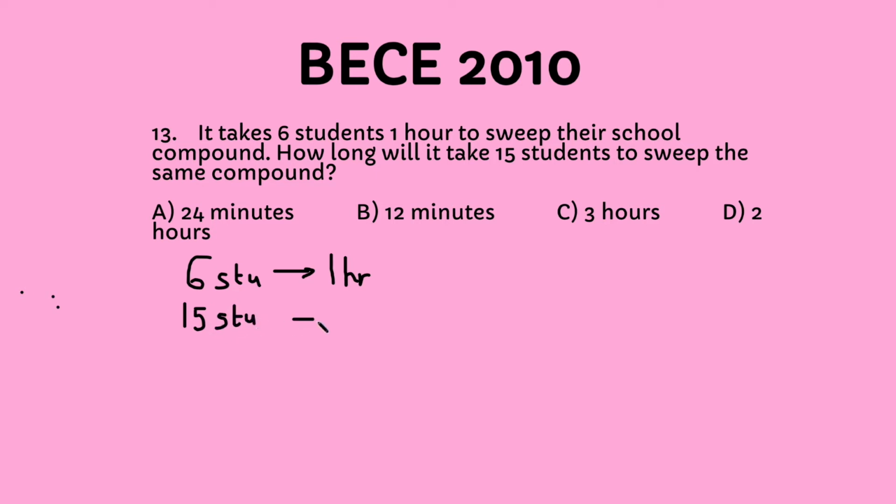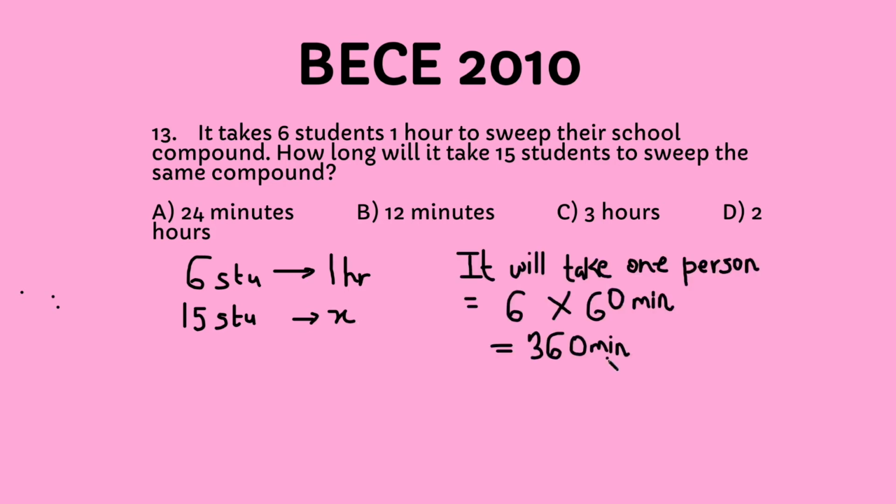So it would take one person the combined amount of time it would have taken the 6 students. The 6 students spend 1 hour, which is 60 minutes, to do the work. But if it's just one person doing that same work, that person is going to do the workload that each of those 6 students would have done within the time period before.